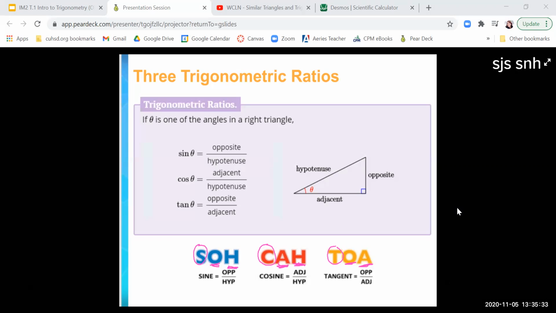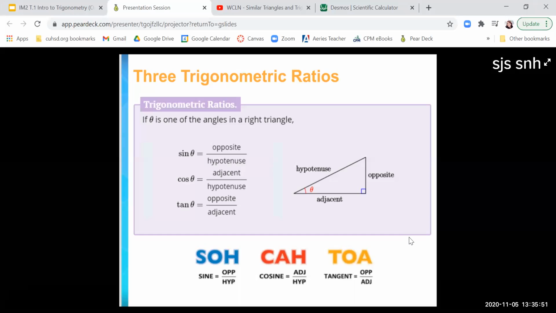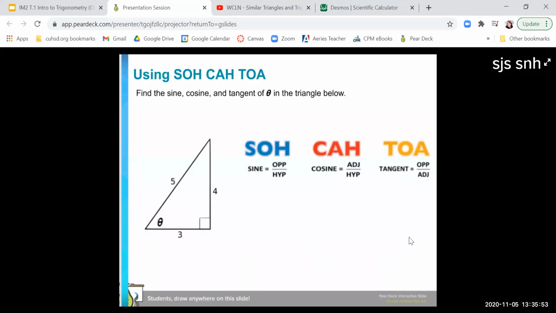So, SOH CAH TOA. This is going to help you remember which ones go with which one. This is sort of a reference slide for us. But I put SOHCAHTOA on every single slide going forward so that we can refer to that mnemonic device as we go.